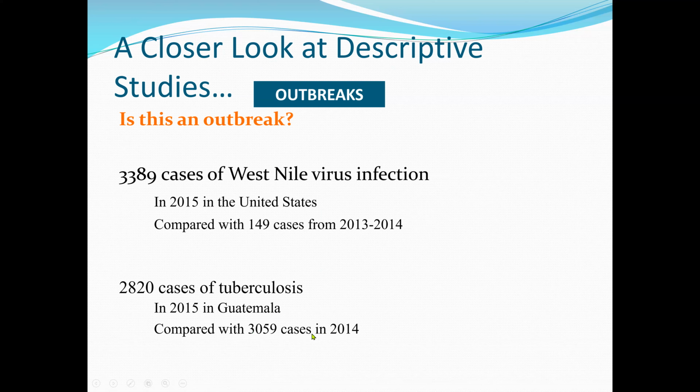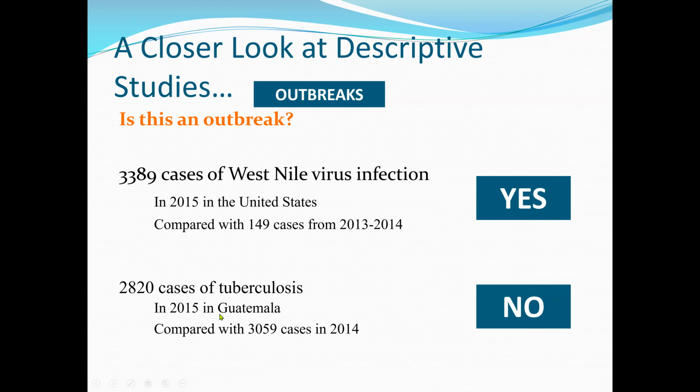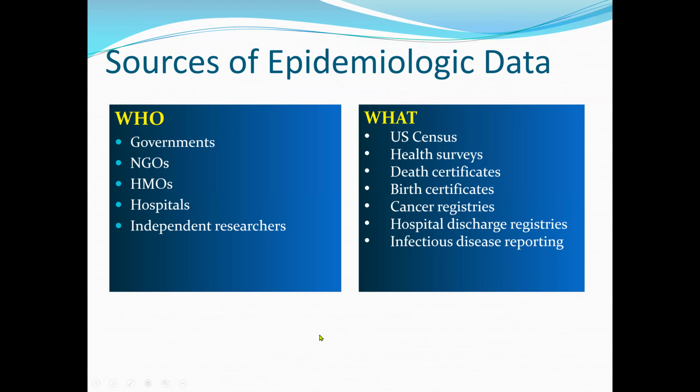When we look at 2014 was 3,059 and 2015 was 2,820, we can see there's not much difference. So here we can say there's no outbreak for the second. But the first one, from 149 to 3,389, even doubling it because it's 2 years, the difference is very big. So we may have an outbreak on the first, but the second there's no outbreak, because the values are very close.